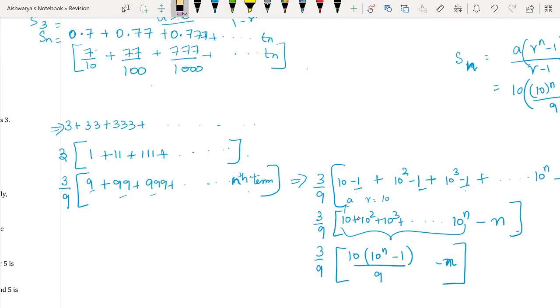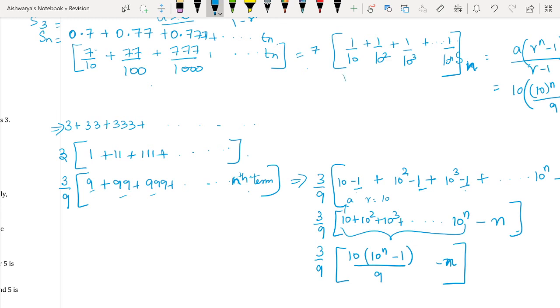After this we can take out 7 common. If you take out 7 common, you will get 1 by 10 plus 1 by 10 square plus 1 by 10 cube and so on, up to the last one which will be 1 by 10 power n. Okay. So this is what we will have.